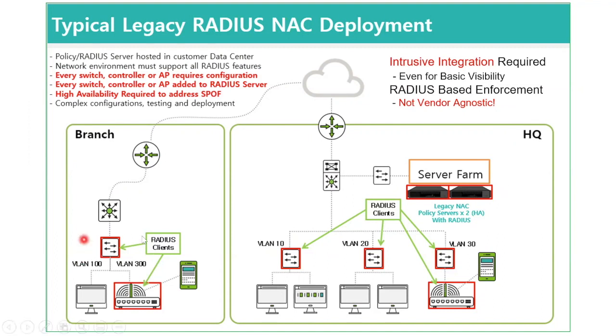And this is a very intrusive, high touch architecture to implement. And that's just for basic visibility. On top of that, to get more information, you typically have to integrate with DHCP servers to be able to get DHCP fingerprinting information or configure profilers on your switches or other devices to profile information. And again, that's really only for basic legacy, what we consider legacy device fingerprinting.